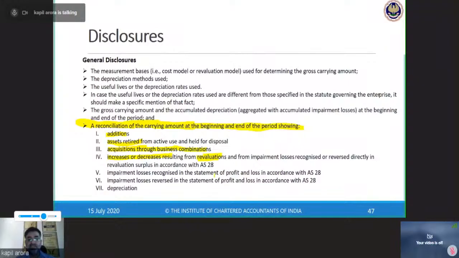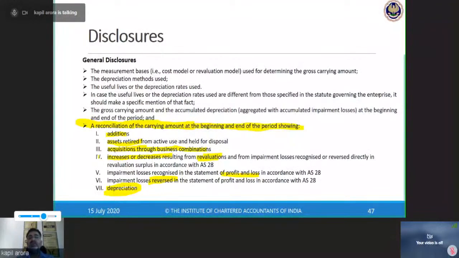Any impairment loss which has been recognized in profit and loss account. Any impairment loss which is reversed, and at large depreciation. So it means that note will talk about the value which was there in the last year, means opening balance, and how the opening balance has changed to the closing balance by adding or by showing all these addition, deletion, depreciation, impairment and everything.